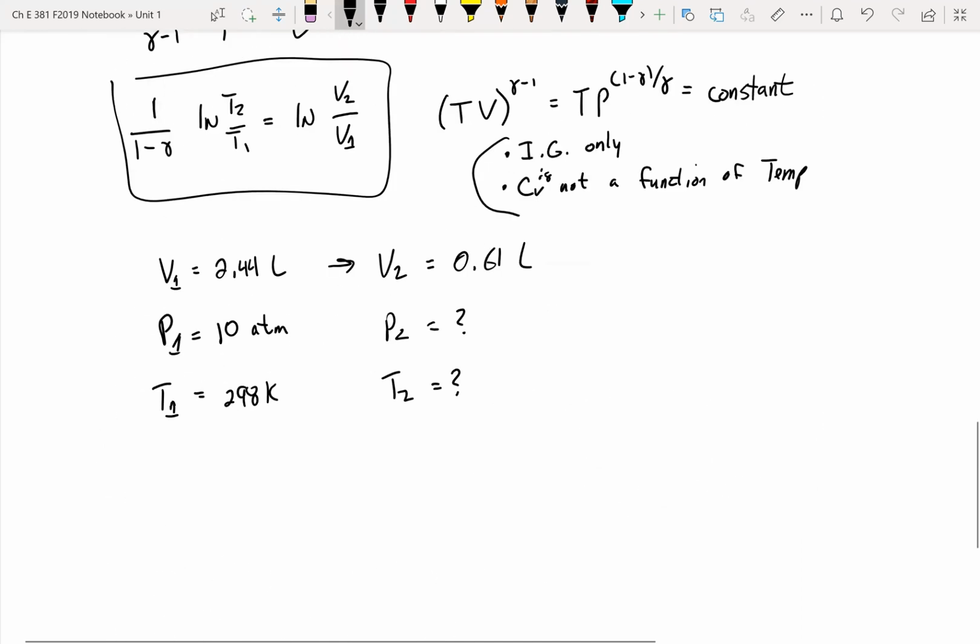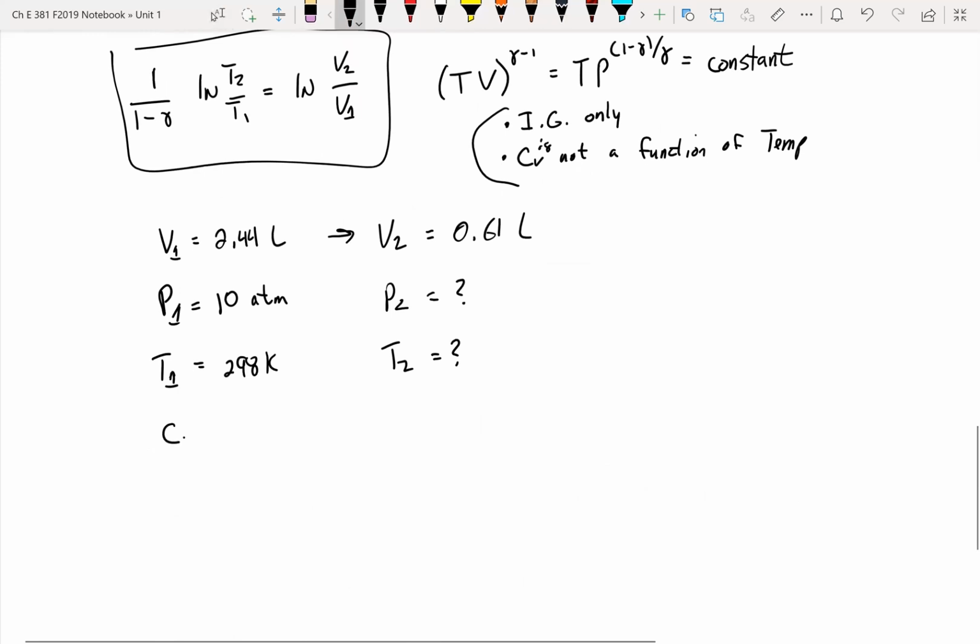And our CpIG over R was 1.7 plus 9.1 times 10 to the minus 3 T minus 2.2 times 10 to the minus 6 T squared.